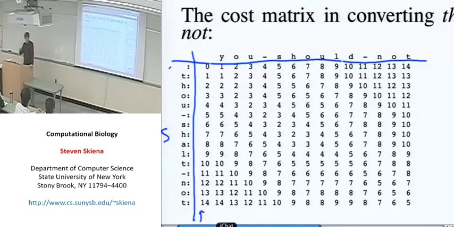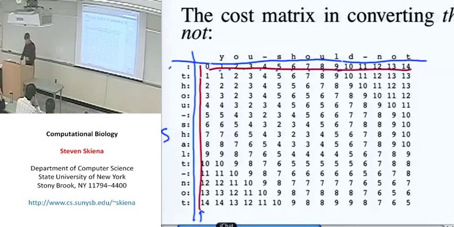Well, I've got to add the Y-O-U space S-H-O-U-L-D space N-O-T, right? So I have to add 1, 2, 3, 4, 5, 6, 7, 8, 9 characters as it gets longer. Does everybody see that? So these are my initialization conditions. Okay?